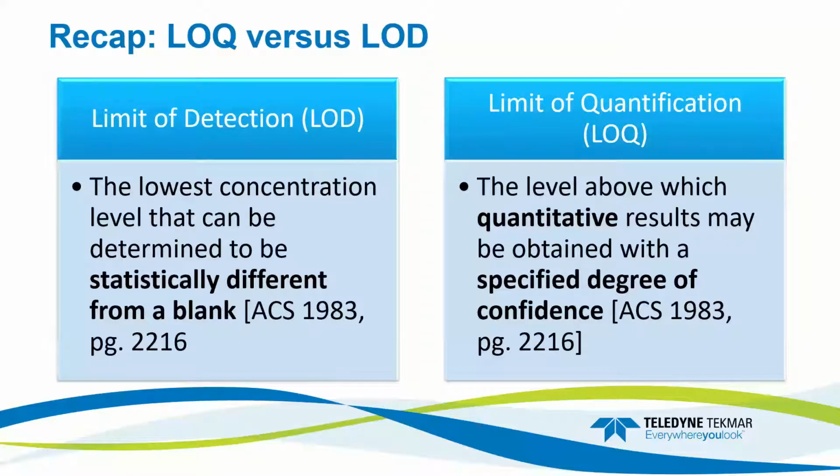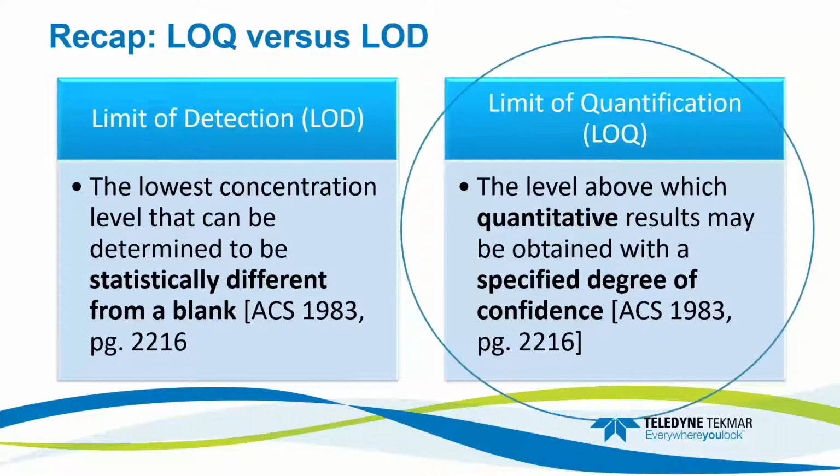But we also need to look at the limit of quantification: what can we actually measure with a certain degree of certainty? That's our LOQ. For this presentation, we're going to focus more on the LOQ aspect. What can we see? How can we quantify it? And how do we get our best results down at that low level?